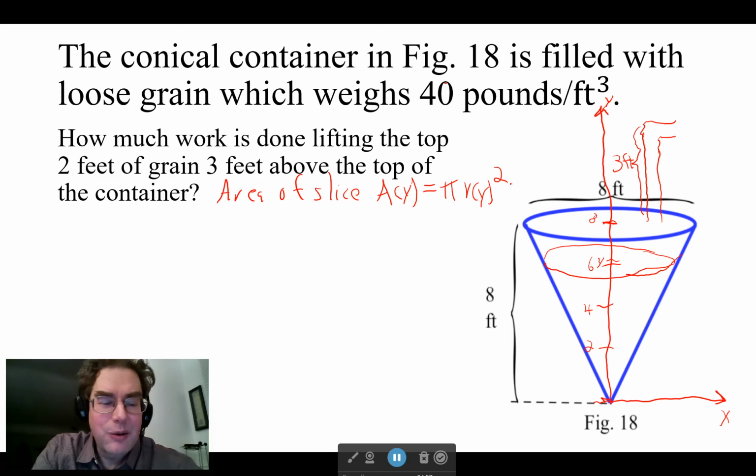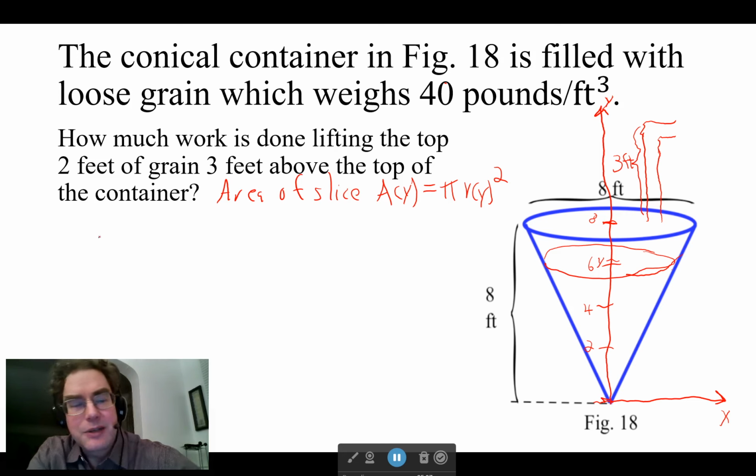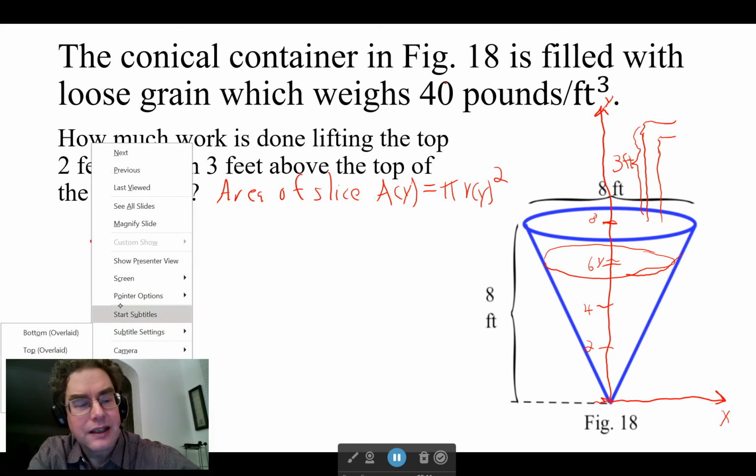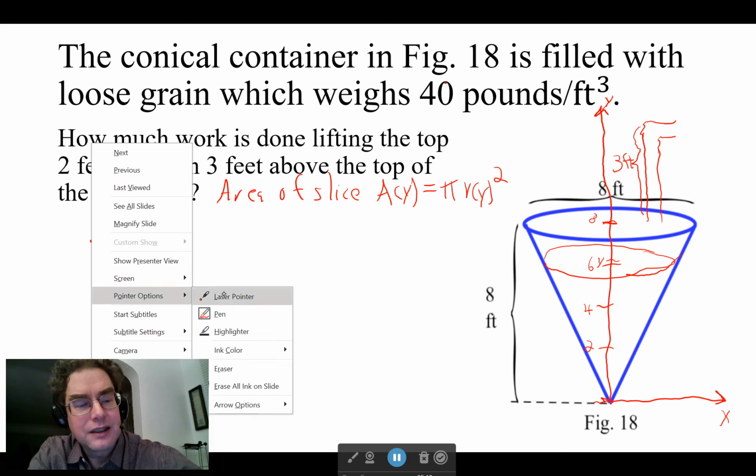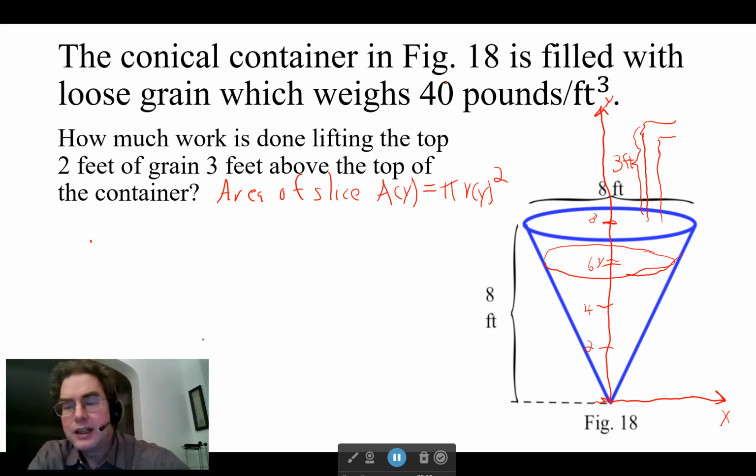Okay, now we've got to figure out what r of y is. And again, you can't just have this pop out of nowhere into an integral. We've got to go through the work to see what that is going to be. Now, let me switch to a different color here. We'll go with purple this time. So what you can notice here is that our radius is going to be right here.